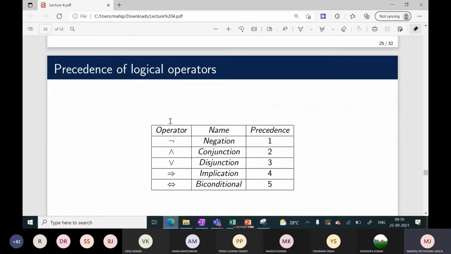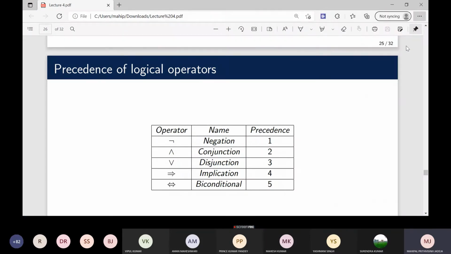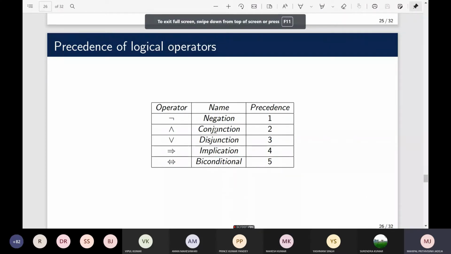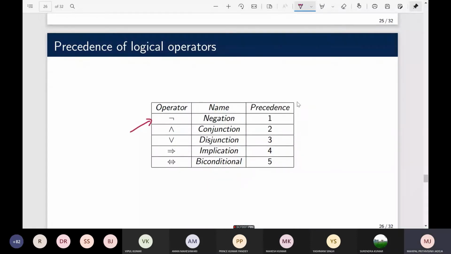So basically what we need to do is consider this particular table. This table is saying to give the highest precedence, or highest importance, to negation. And it makes sense also. Why? Because if we relate this with our traditional number theory, if I ask you to multiply -3 with 5, then definitely you will first consider this minus sign.